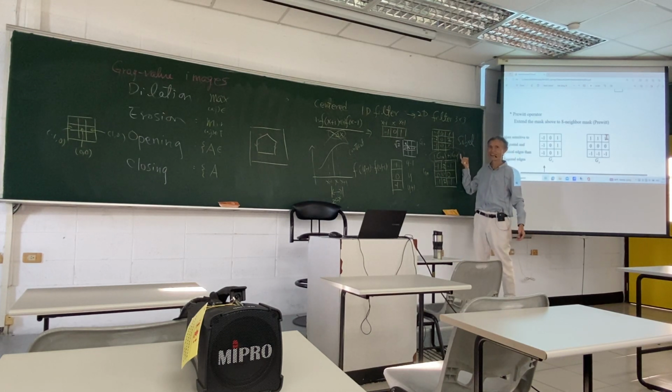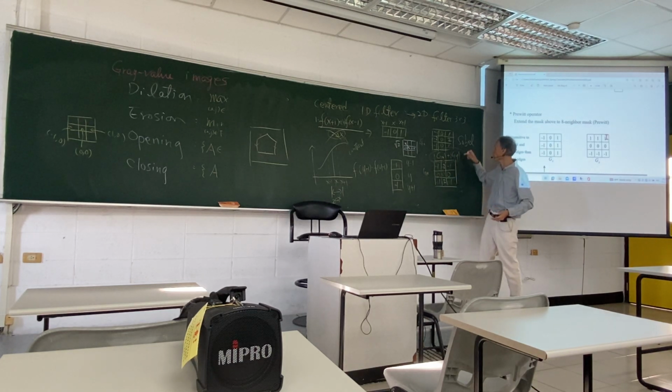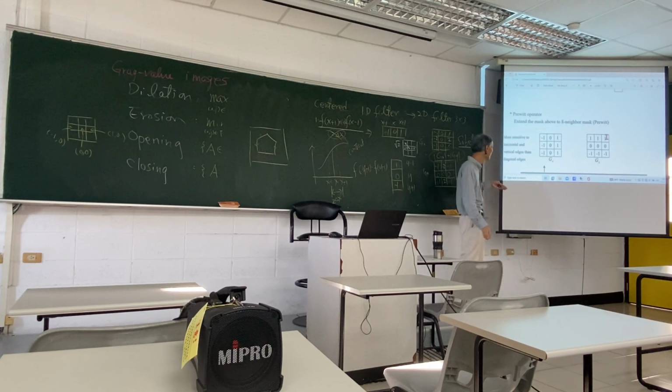For line detection, you need to specify what operator you are going to use, and this is the most famous one. We take 2 for the 4 neighbors, and for the diagonals, we simply take 1. And the response will be better for horizontal, vertical, and diagonal. Okay, let's take a break.